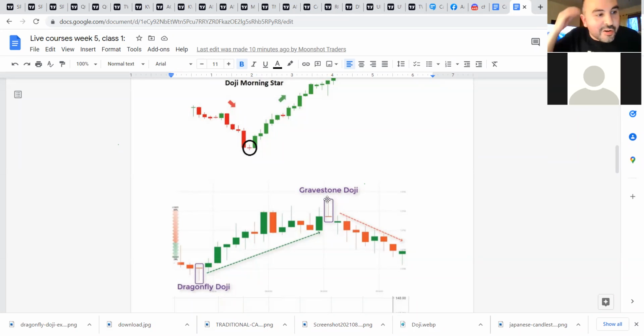And there are tons of patterns out there. I don't know all the names of them, but you'll recognize them playing out. You may not know the name, but you'll see, this is a bearish pattern.